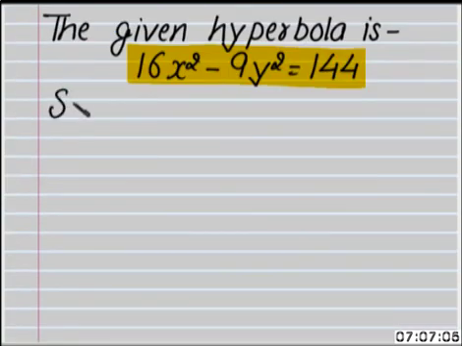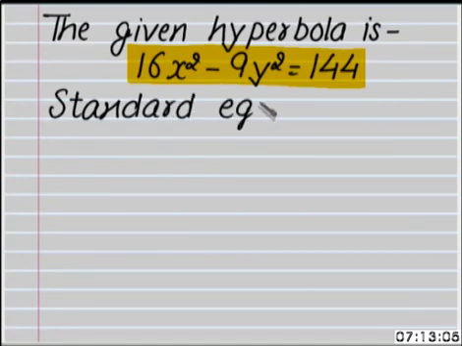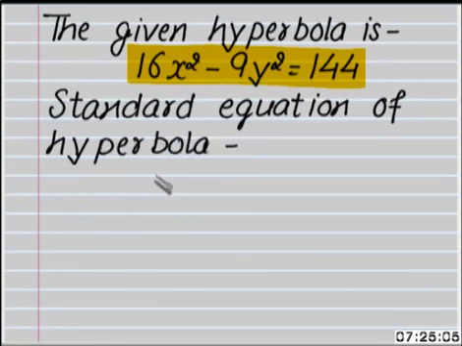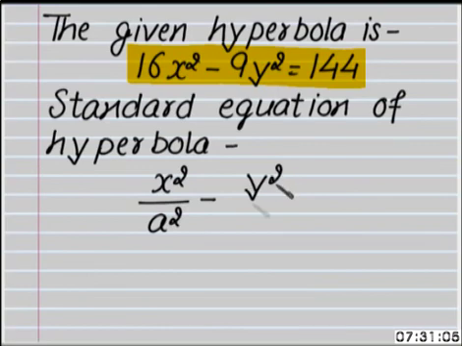Now we know that the standard equation of a hyperbola is x square upon a square minus y square upon b square equal to 1.